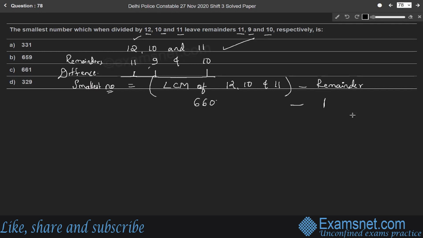Minus the remainder 1, this is 659. If you divide 659 by 12, the remainder will be 11, one less than 12. If you divide 659 by 10, the remainder will be 9. If you divide 659 by 11, the remainder will be 10. Therefore, the answer is 659, option B.